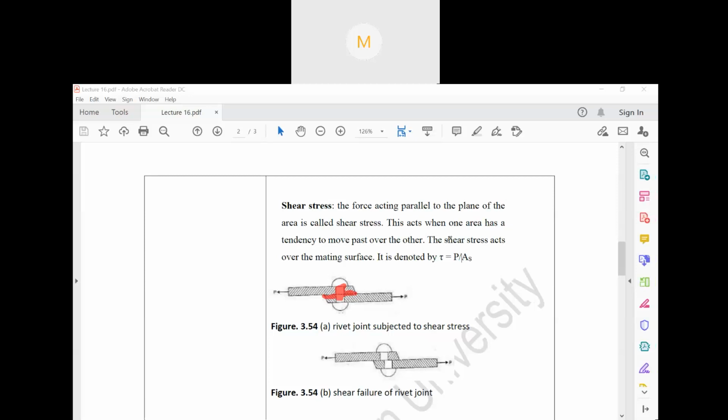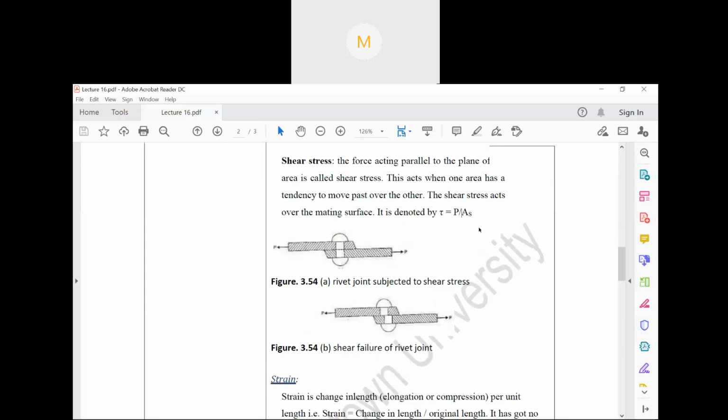So this type of stress is shear stress. It is denoted by tau. Remember, normal stress is denoted by sigma, but shear stress is denoted by tau. Tau equals P by As. Okay.